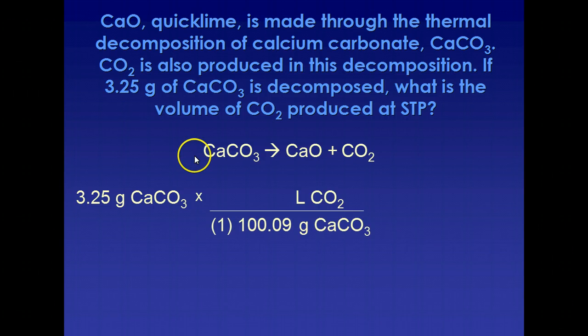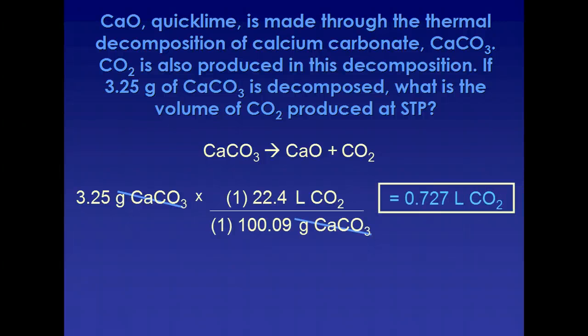This 1 comes from the coefficient relating calcium carbonate, soon to be related to CO2. Liters will get 22.4, and it too will have a 1 in front because it's a 1-to-1 ratio. The grams of calcium carbonate cancel out, leaving me with liters of CO2. I multiply across and divide, and I get a volume of 0.727 liters.